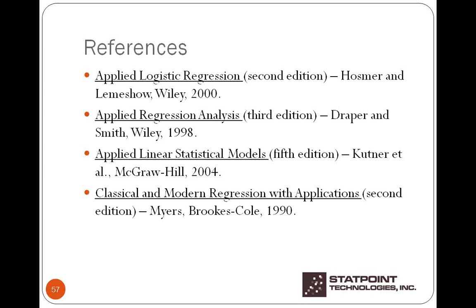A famous book on general regression by Draper and Smith. A good book on both regression and analysis of variance called Applied Linear Statistical Models by Kutner and several other people. And then Ray Myers has an interesting book that talks about things like Poisson regression.